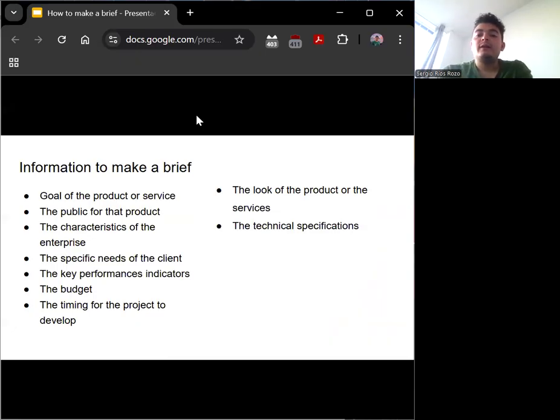For example, we have the goal of the product or the service that we are offering, and the public for that product, the characteristics of the enterprise, the specific needs of the client, the key performance indicators that are the indicators that show us if the product is useful or not, the budget, the timing for the project to develop, the look of the product or the services that we are offering, and the technical specifications that that product has to have.